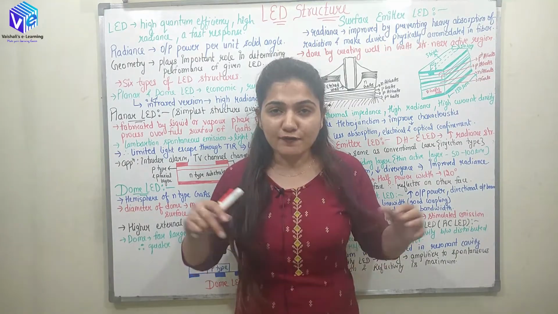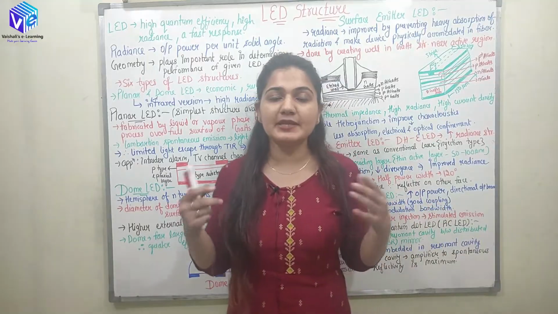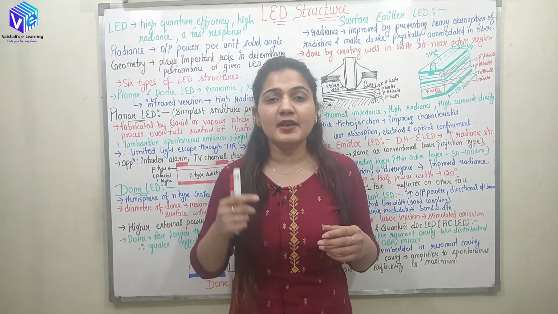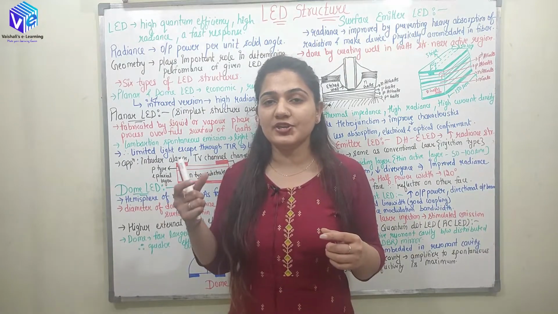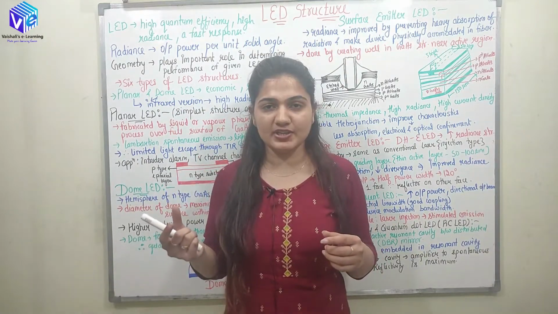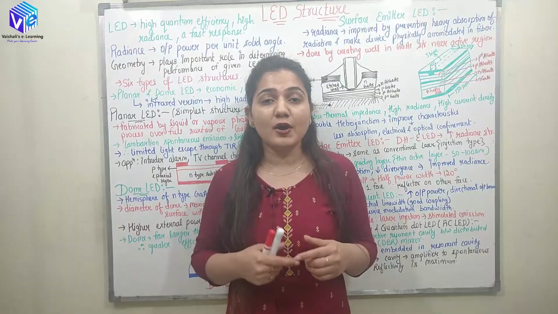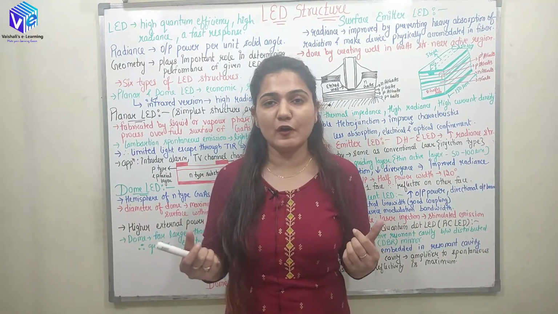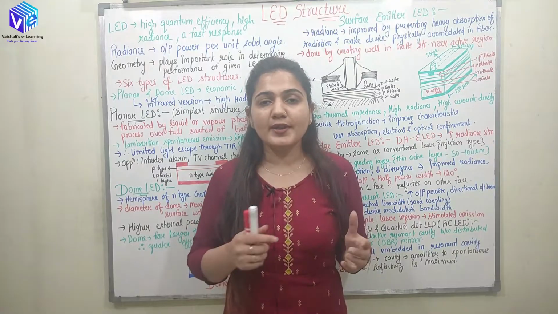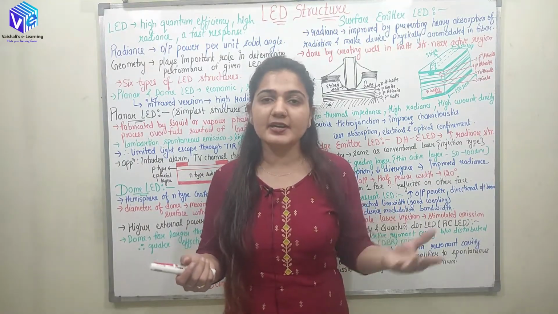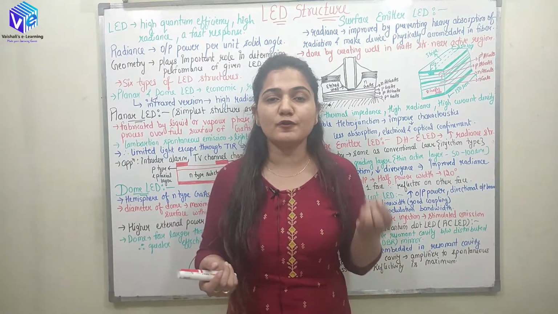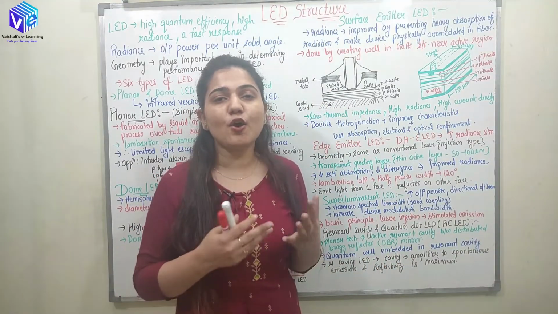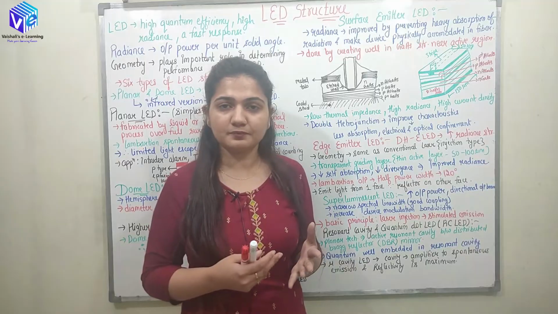When a lot of recombinations are happening inside the LED, a lot of photons will be emitted if all of these recombinations are radiative recombinations. So this is also a concern for us, that the recombination should be the radiative recombination. When a lot of recombinations are radiative, a lot of photons are emitted, and in this manner I can increase the optical output.